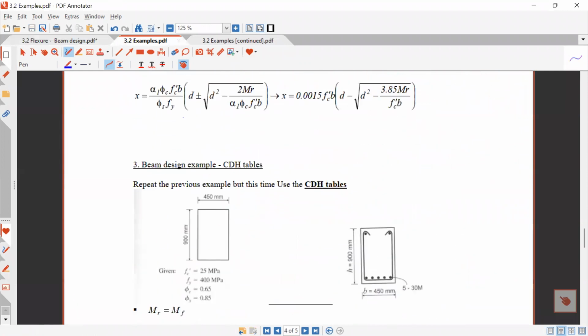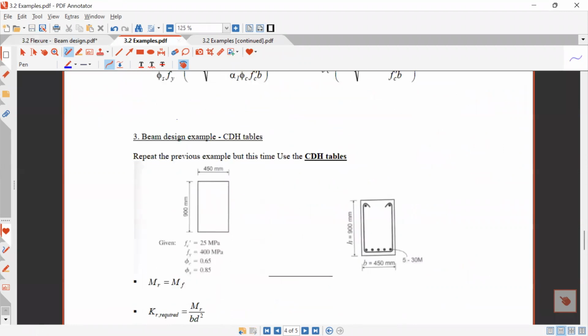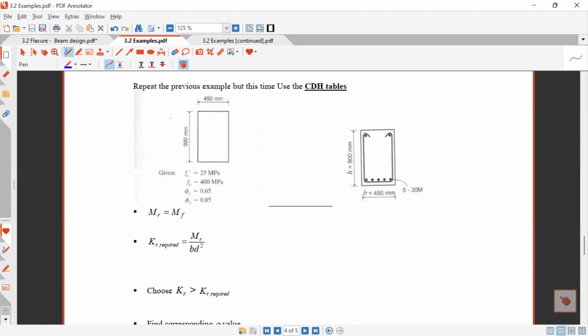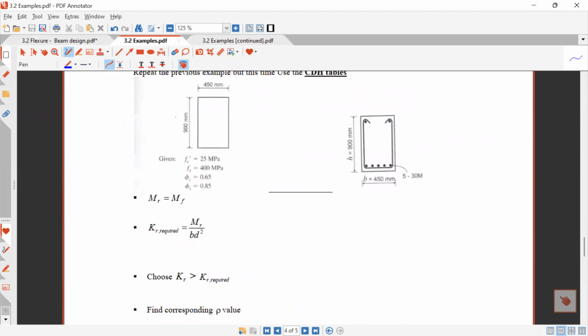All right, so let's skip this here. Let's go here. Beam design, page 4 of 5. We have the same exact cross section. So let's look at this. Just to make this less iterative, in this example, let's assume we have 30 M bars. They're placed in one layer.